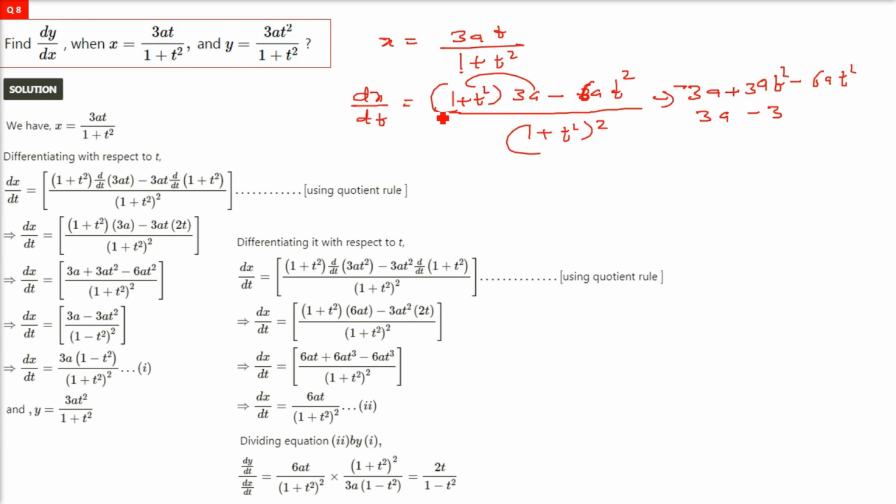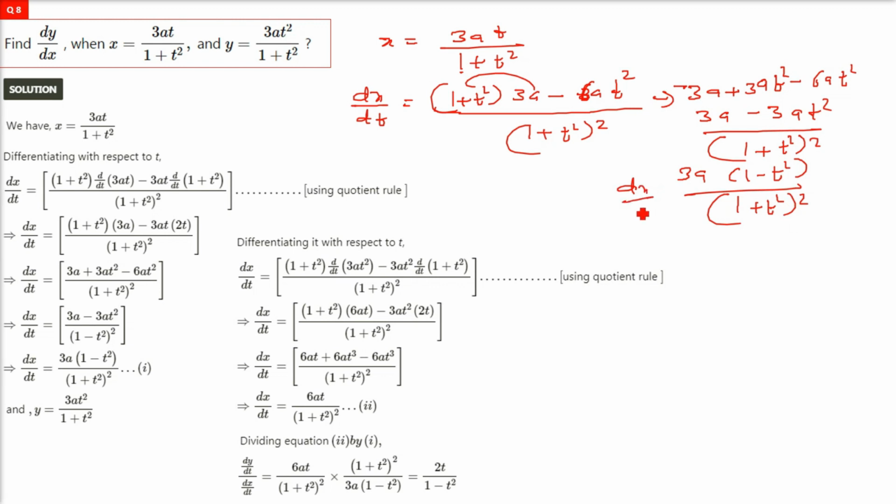So dx by dt is this one. You can take 3a common, and you will get 3a times (1 minus t square) divided by (1 plus t square) whole square. Okay, this is your dx by dt, remember.